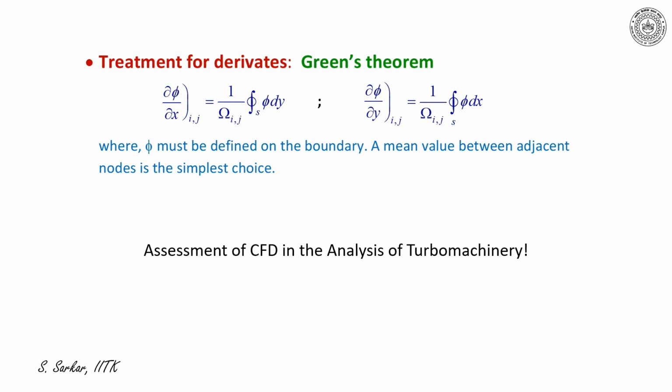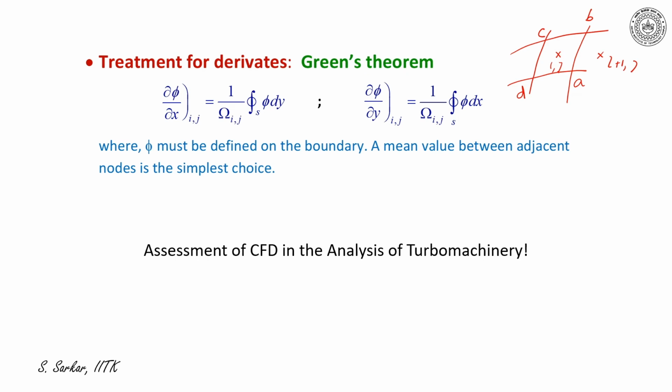Thus, if I explain further, let us consider a cell with vertex points A, B, C, D, and this is the center of the cell ij. This right side would be I plus 1j.